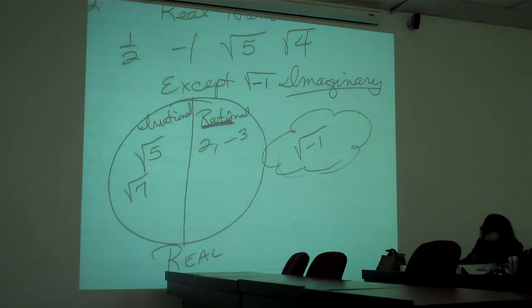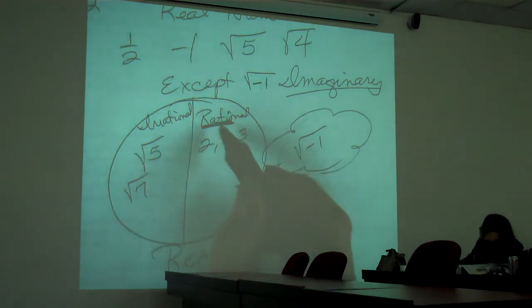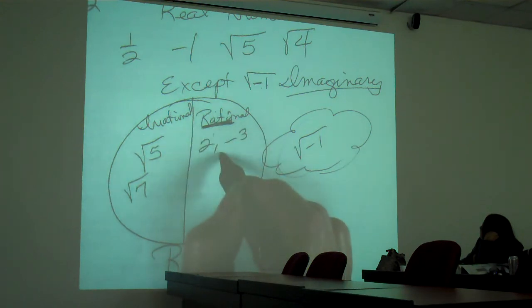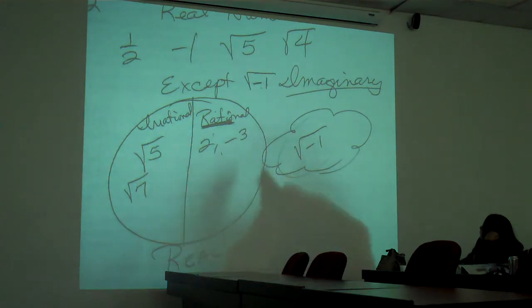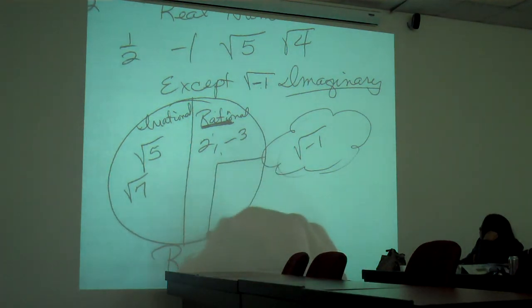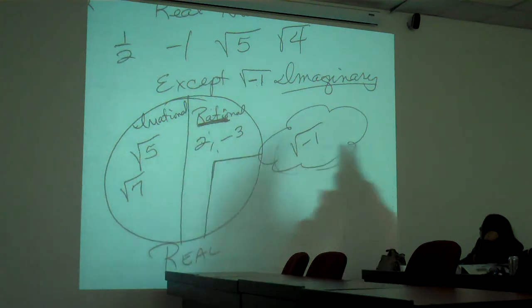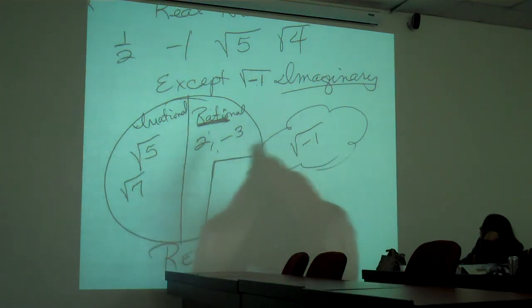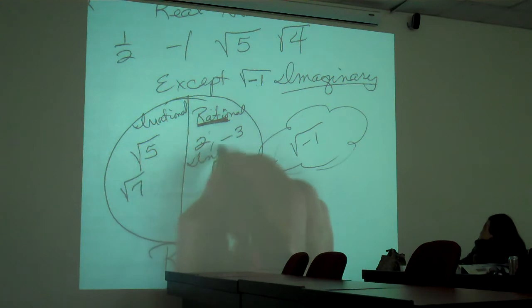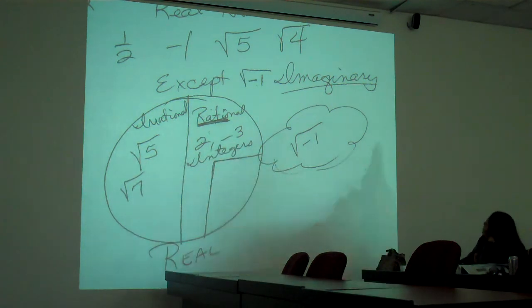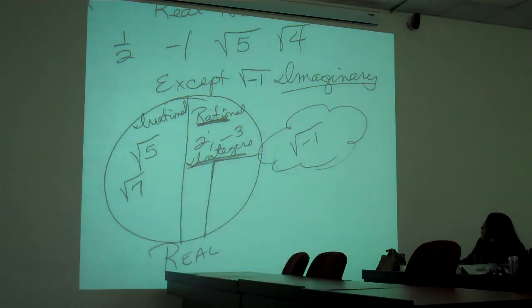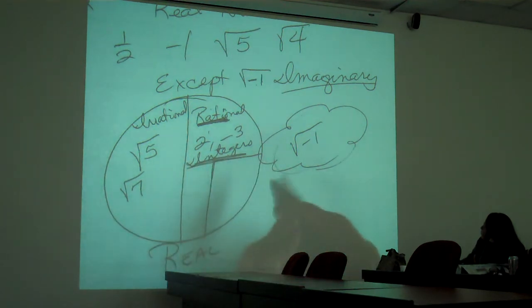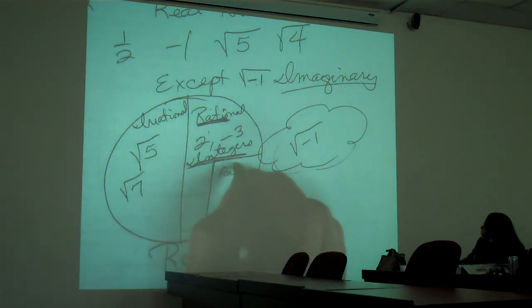Oh, we have integers too. The integers are a part of the rational, but not all rationals are integers. There's a little section in here, like these are integers, but part of our rational numbers are fractions.